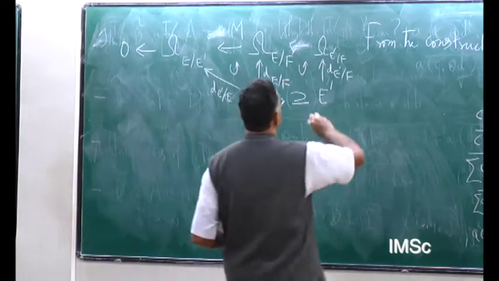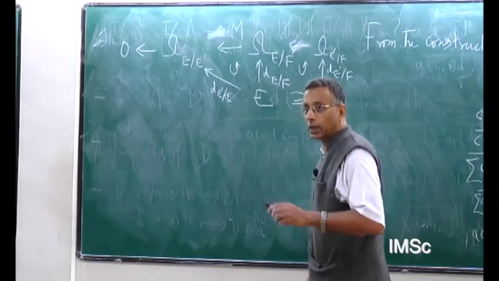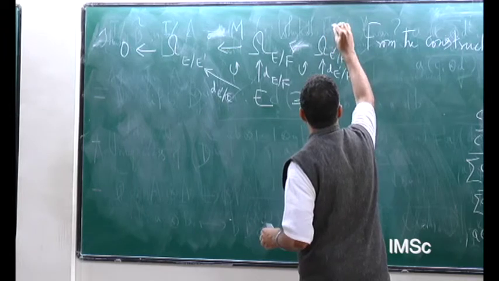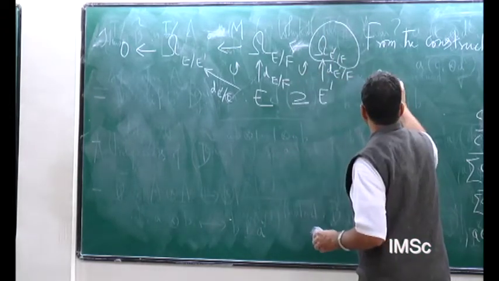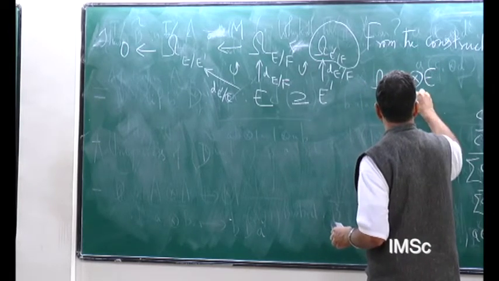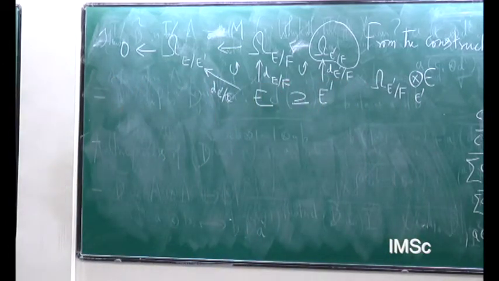So to remedy the situation, I do want it to be an E module. So what I can do is, instead of that, write also: if you have an E prime, this is an E module.